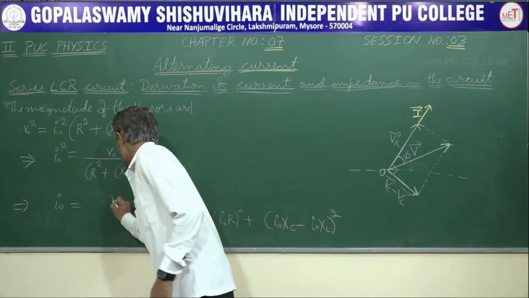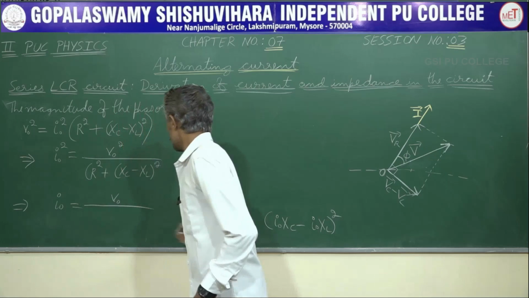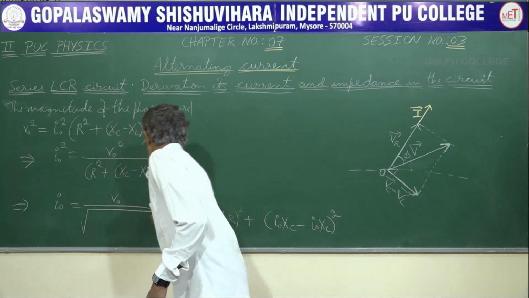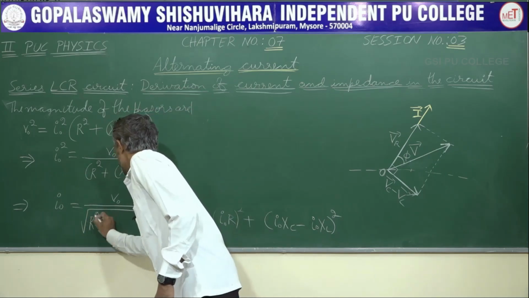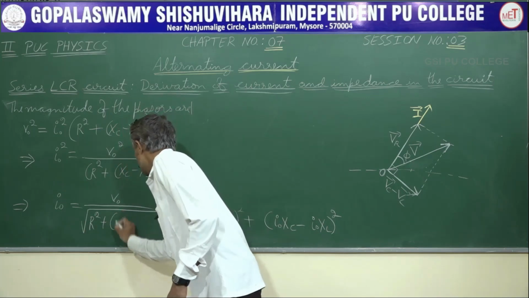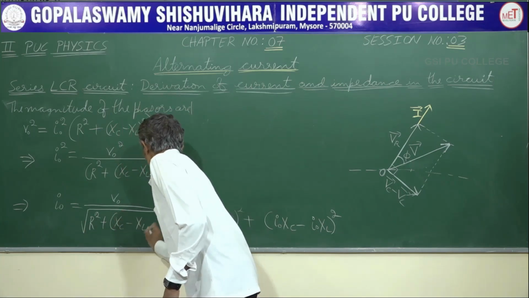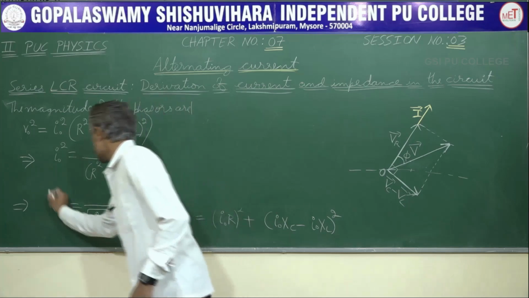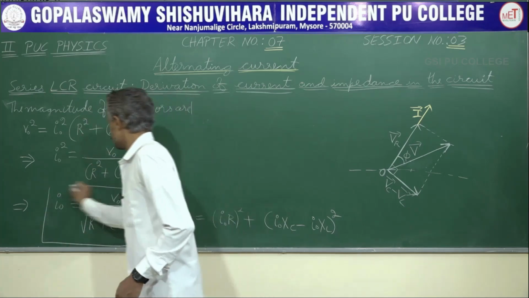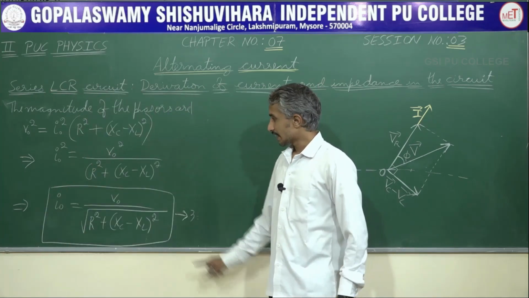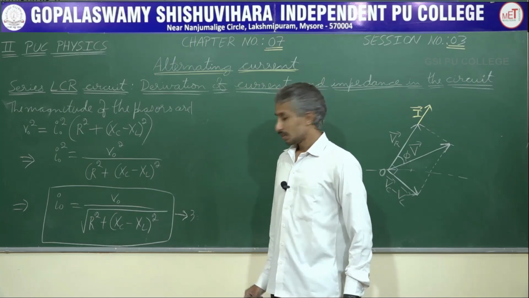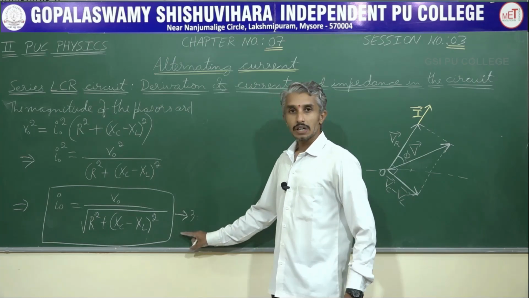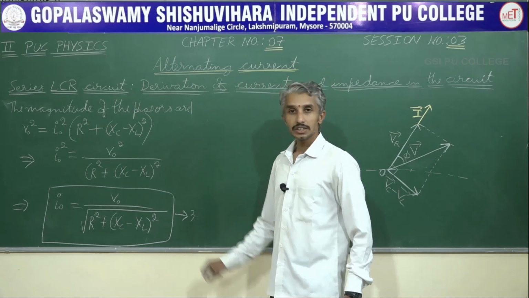So the root of V0 square is going to be V0 itself, divided by the root of R square plus XC minus XL whole square. Finally, we have arrived at an equation for the peak value of the current in the circuit.